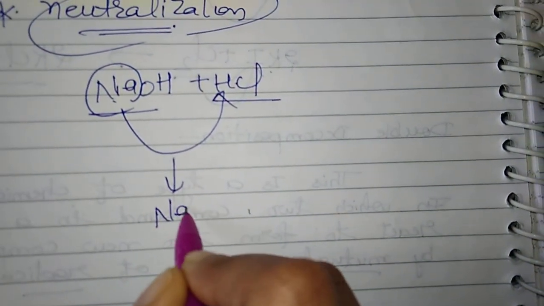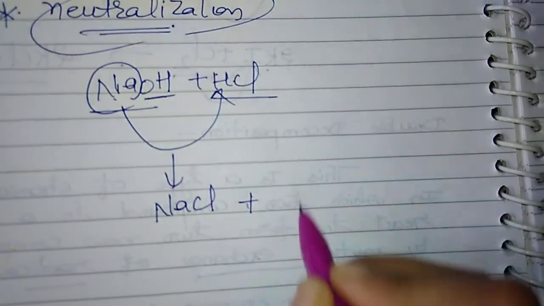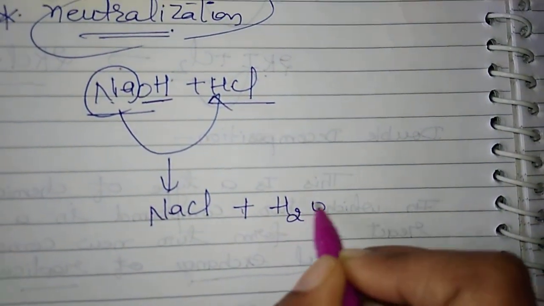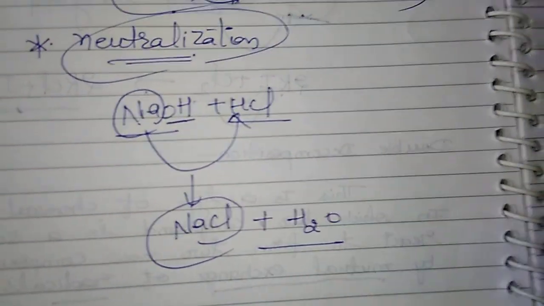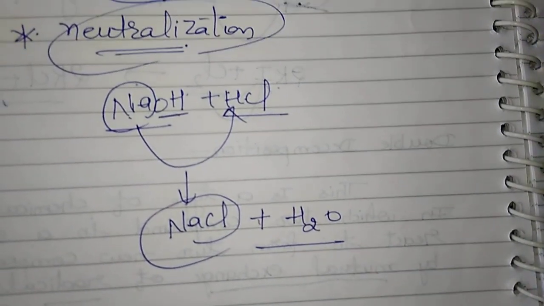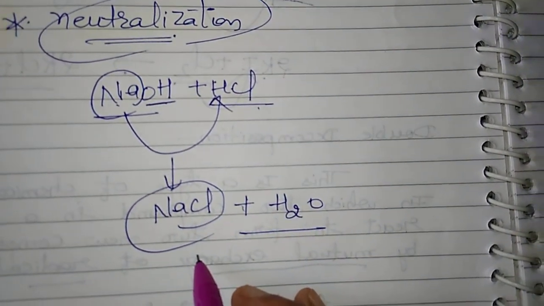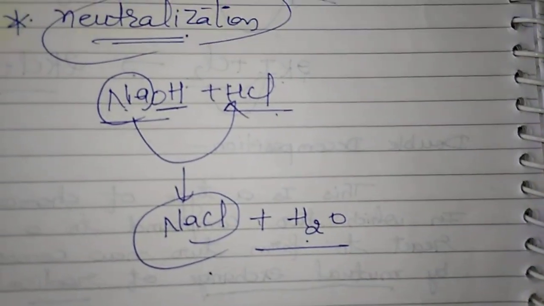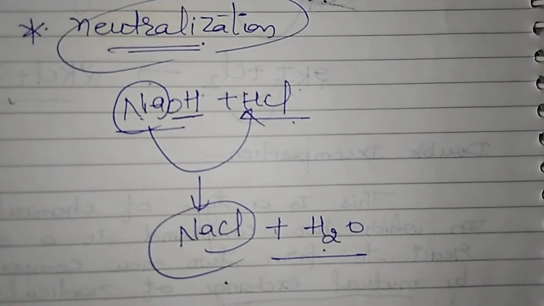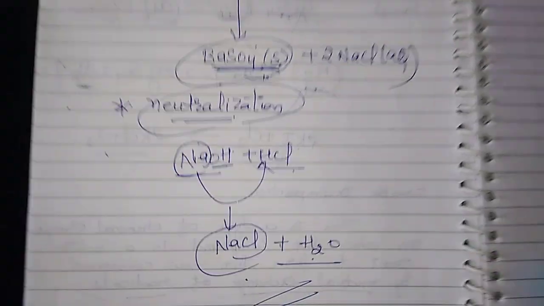It forms NaCl, and this H combines with OH to form H2O. This is a neutralization example: a reaction between an acid and a base that forms salt and water only.